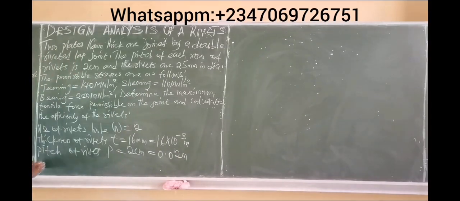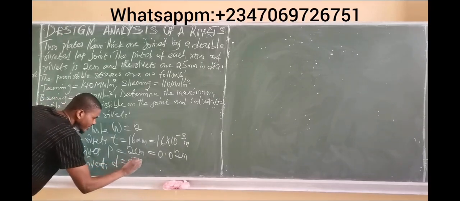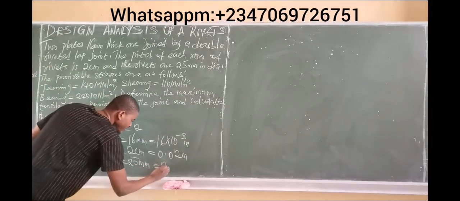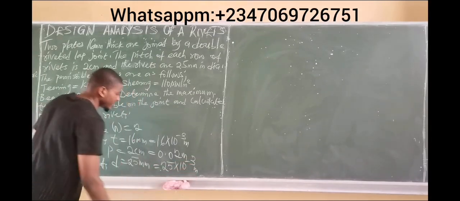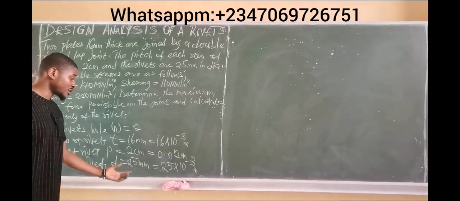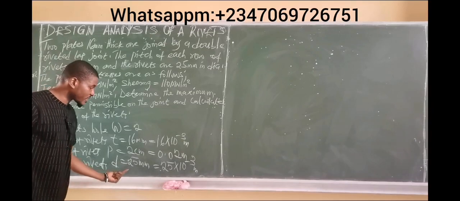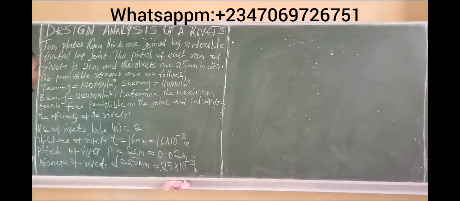So diameter of rivets, d, is 25mm. Also convert this to meters. This becomes 25 by 10 to the power of minus 3 meters, simply dividing 25 by 1000. You can also multiply 25 by 10 to the power of minus 3, and it automatically converts it to meters.